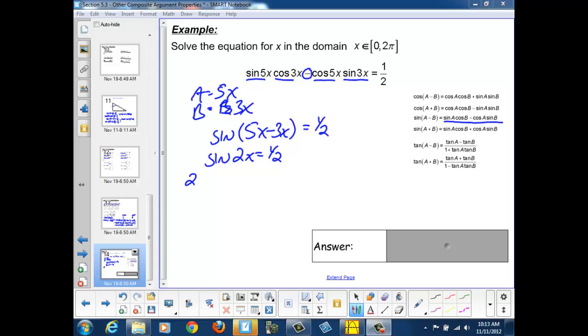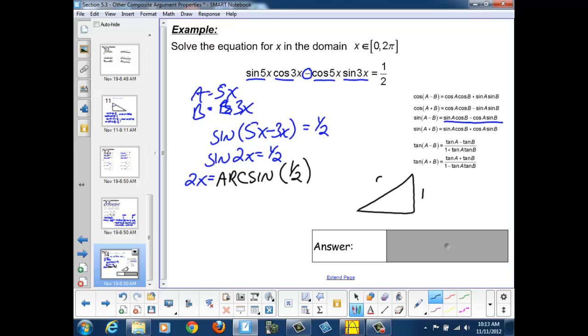So 2x is equal to the arc sine of 1/2. And then we need to solve for which angle gives me a ratio of opposite over hypotenuse of 1 to 2 in radians.